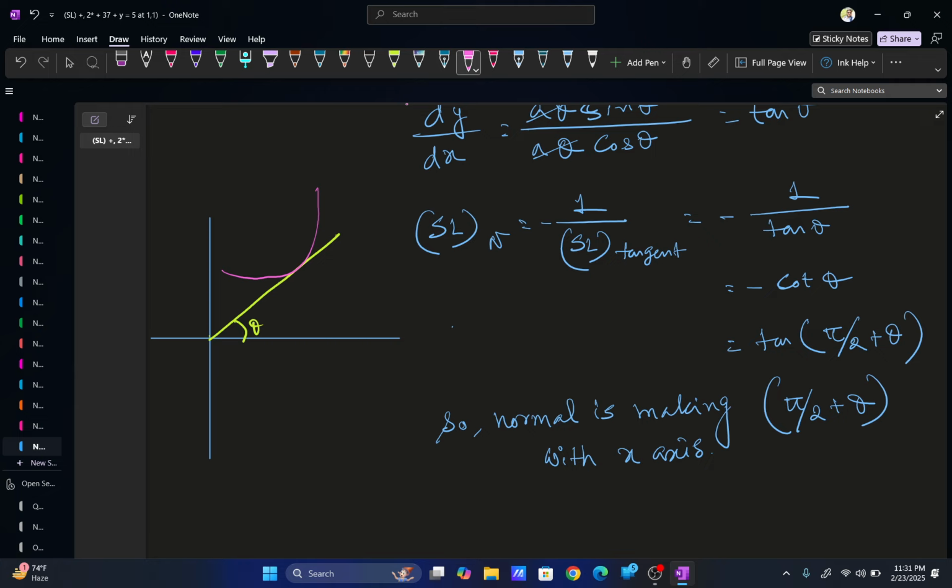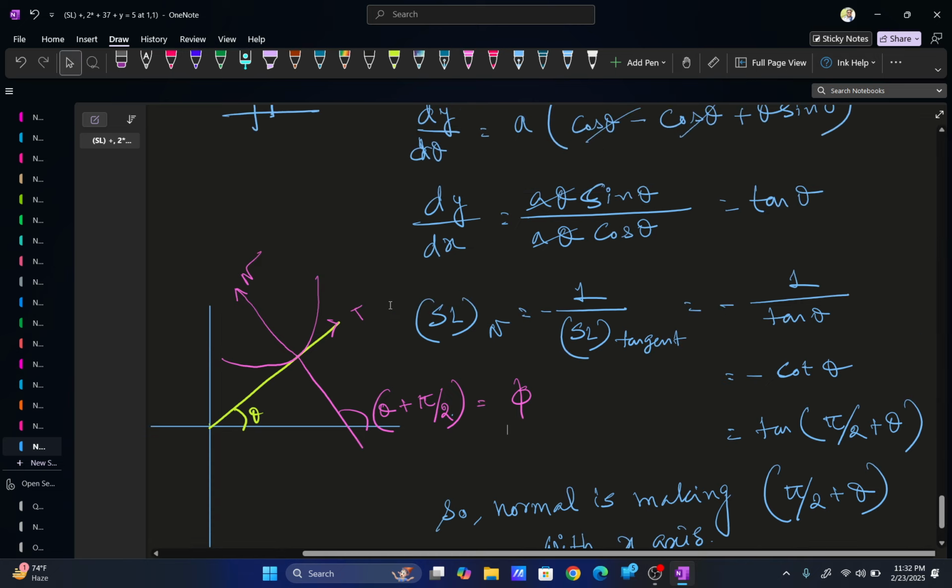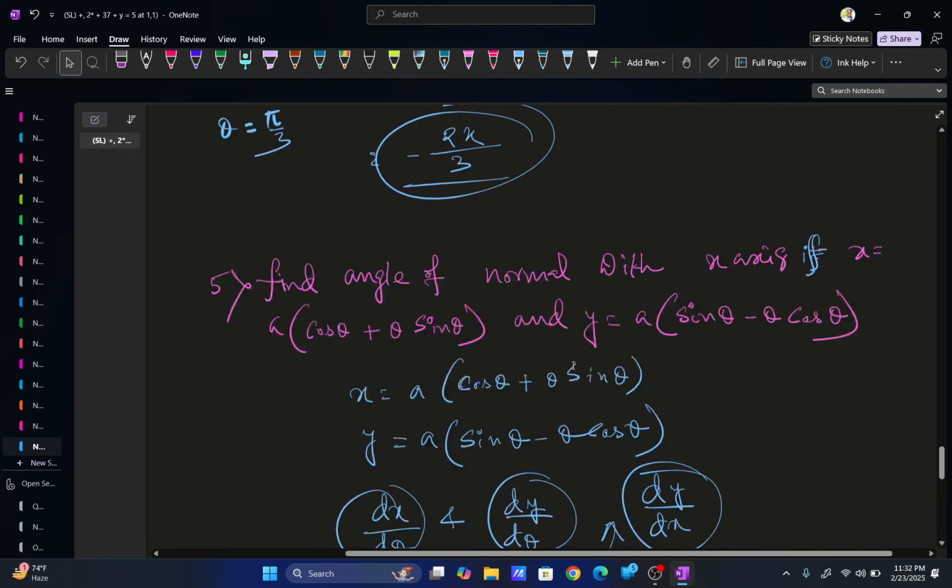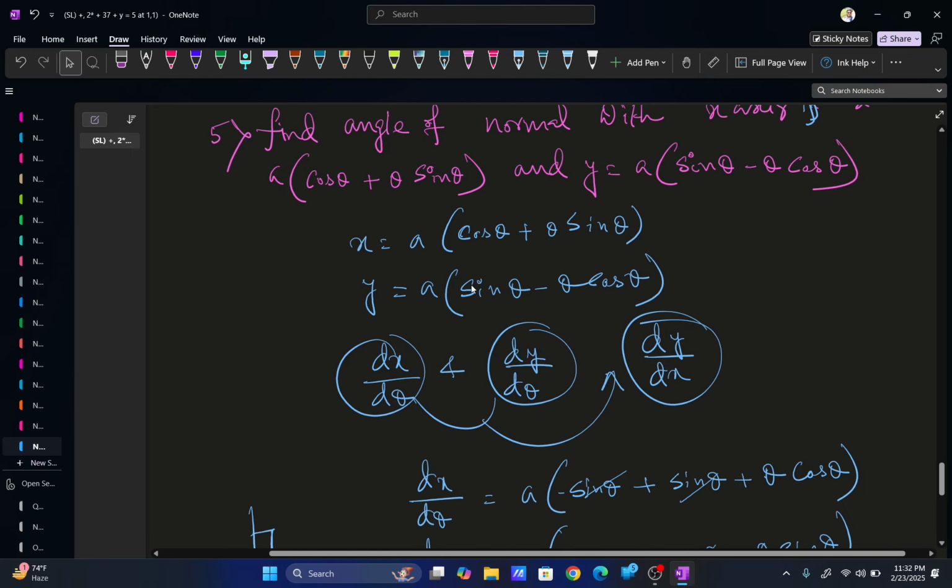Yeah, this is normal and this is tangent. And the angle is theta plus pi by 2 equals phi. Okay, so this is the solution of question number 5.